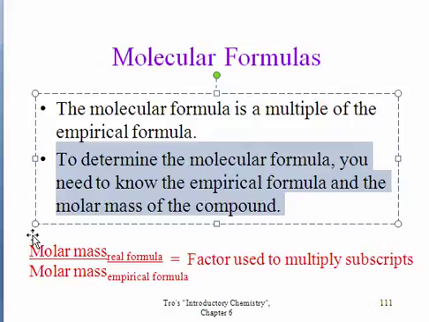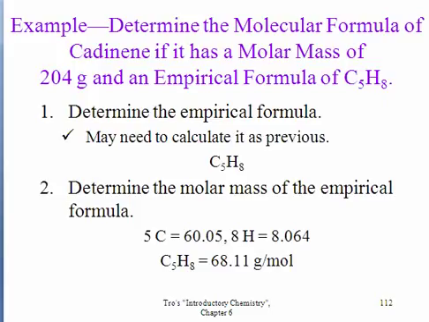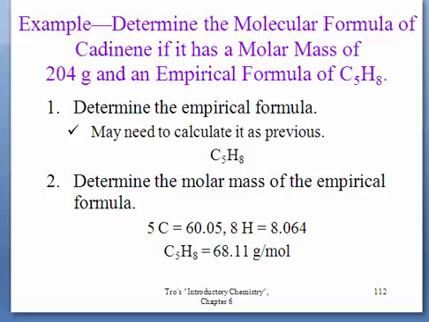What you do is you take the molar mass of the actual formula of the chemical, you divide it by the molar mass of the empirical formula, and you will get a whole number. You use this whole number to multiply the subscripts in the empirical formula, and you'll get the molecular formula. So let's look at how this works.